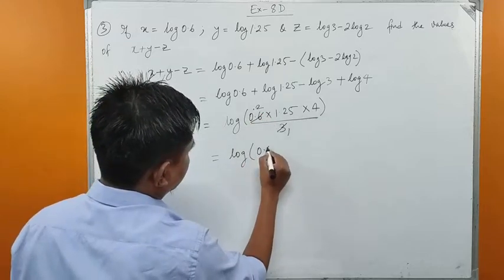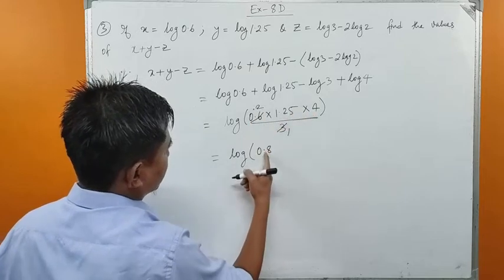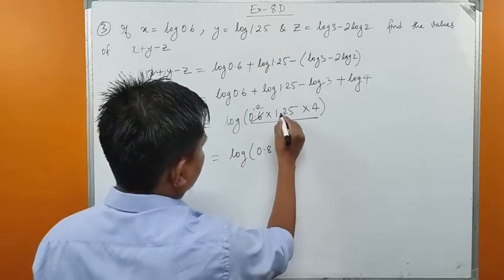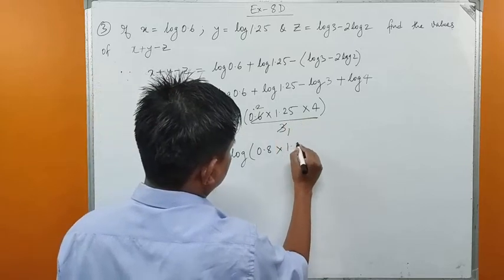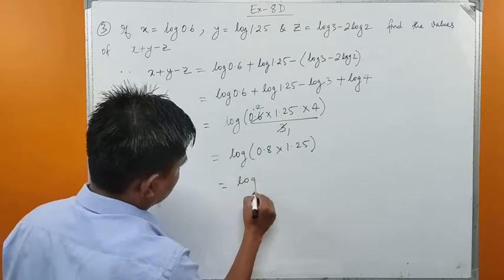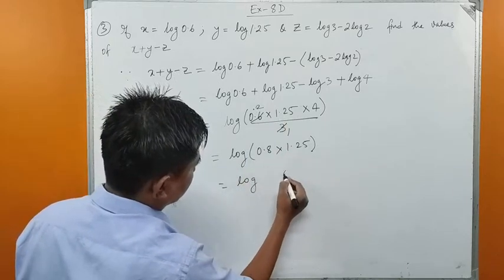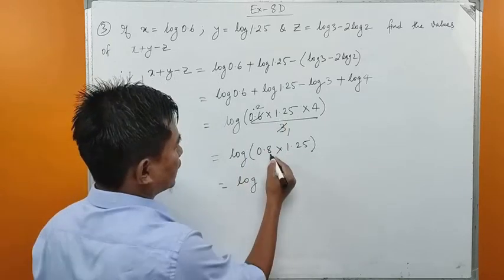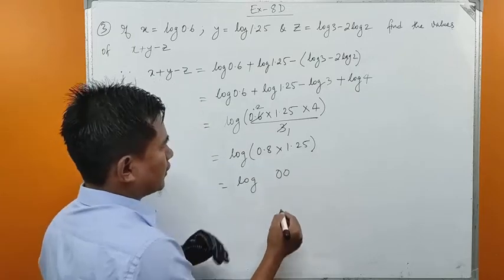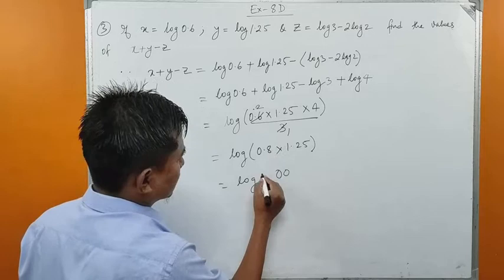Log 0.8 into 1.25. 8 5s are 40, 0, 4 in hand, 8 2s are 16 plus 4, 20, 0, 2 in hand, 8 1s are 8, plus 2 is 10.